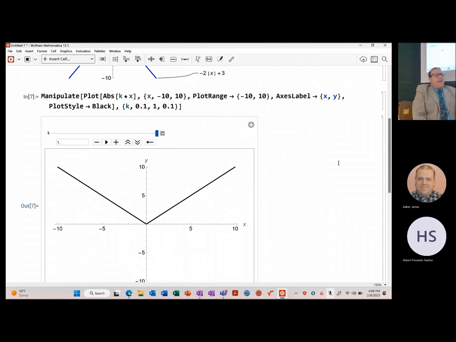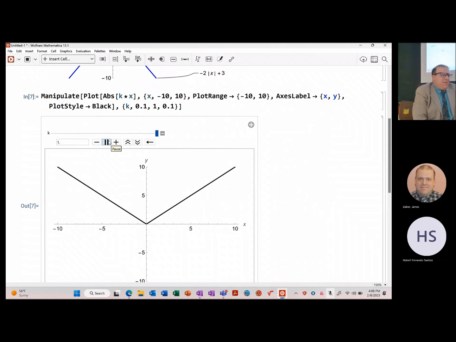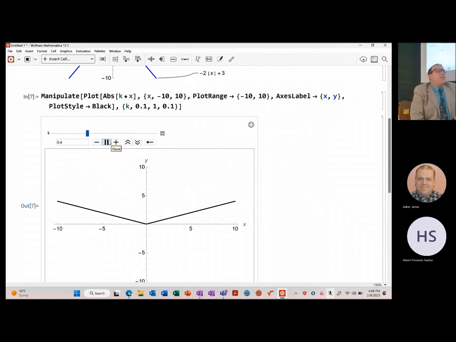Right. And again, it's a stretch by a factor of 1 over k, the reciprocal of k. And again, you can kind of imagine it, right? Look what happens. You can see you're kind of stretching it horizontally, which is, by the way, very similar to a vertical compression. It's not quite the same, but they have the same effect.